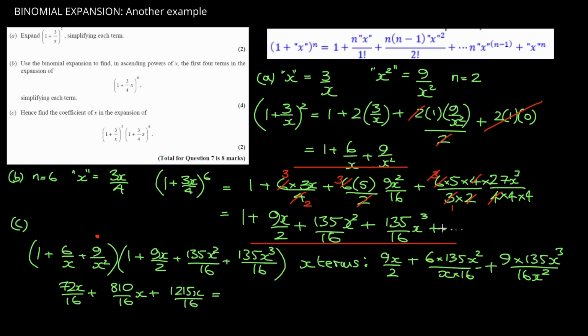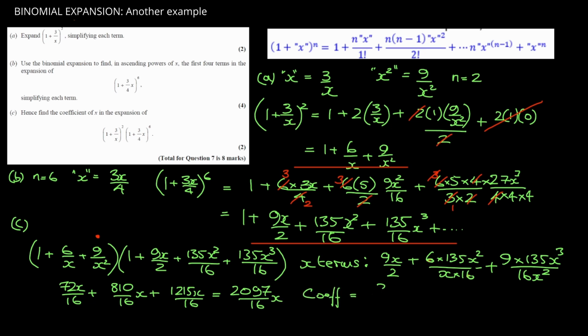And adding those all up, we get 2097 over 16, x. So the coefficient is equal to 2097 over 16. And that's the answer.